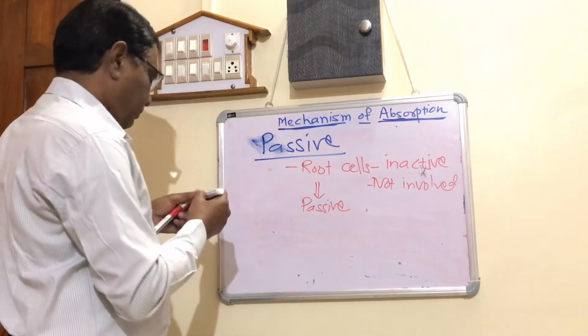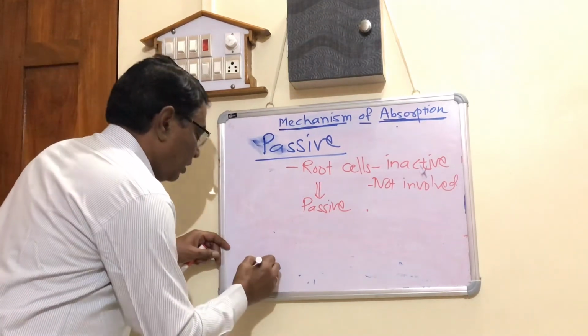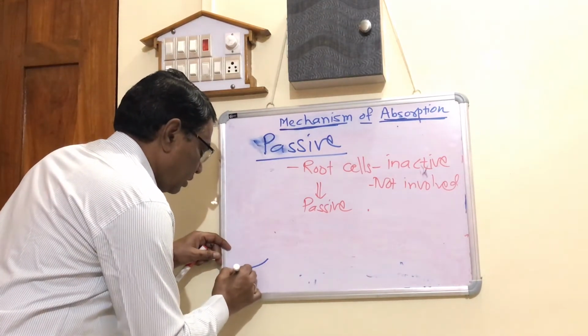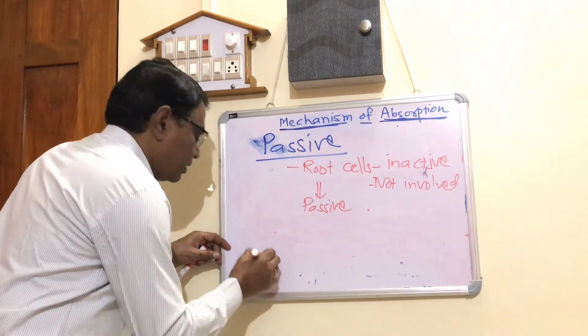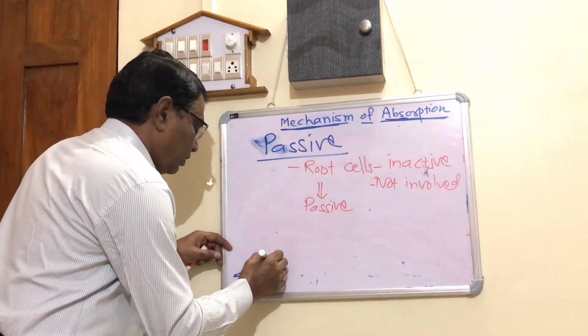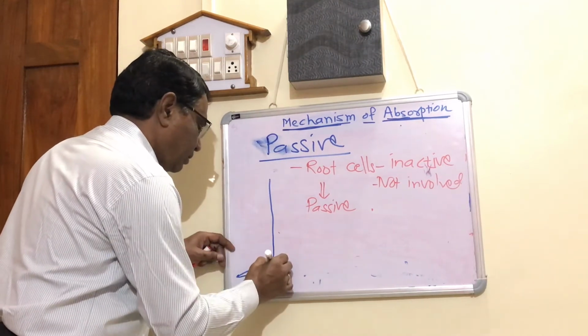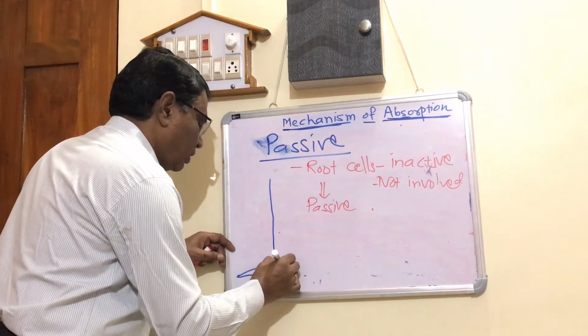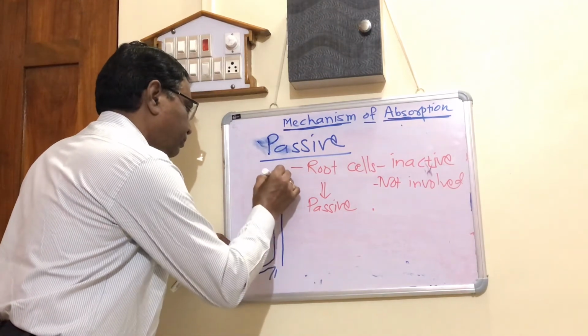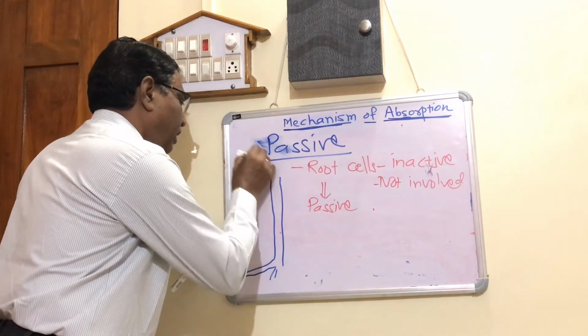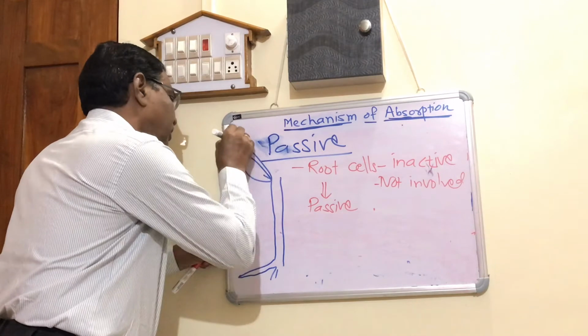If you observe the mechanism, these are the roots which are connected to the stem, and ultimately the leaves are there.